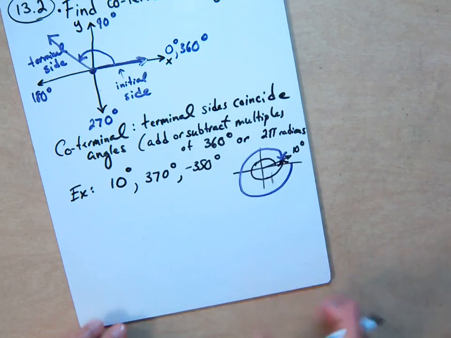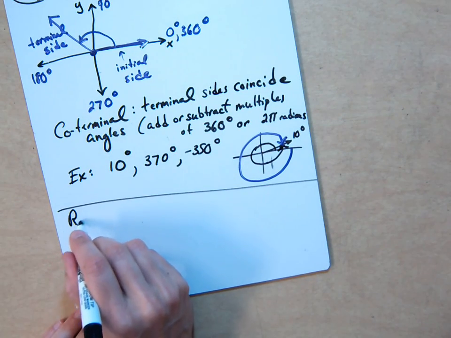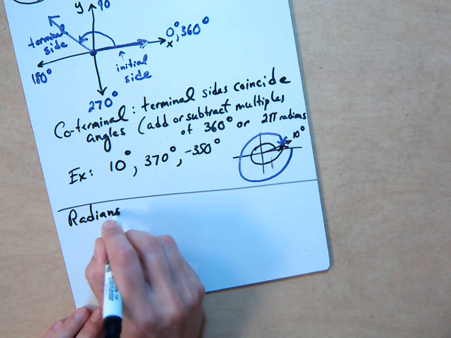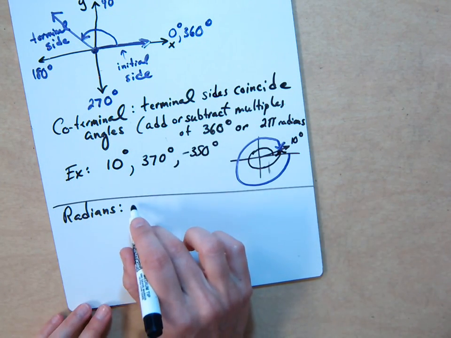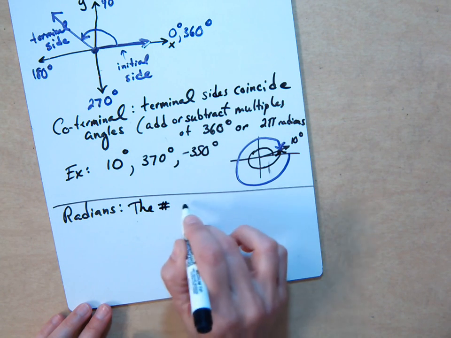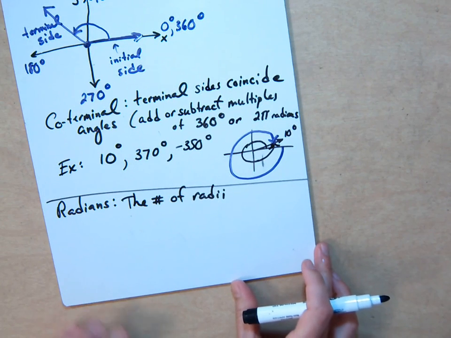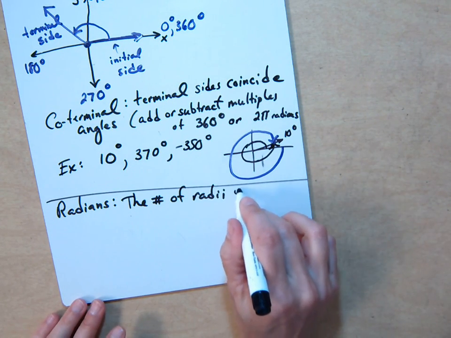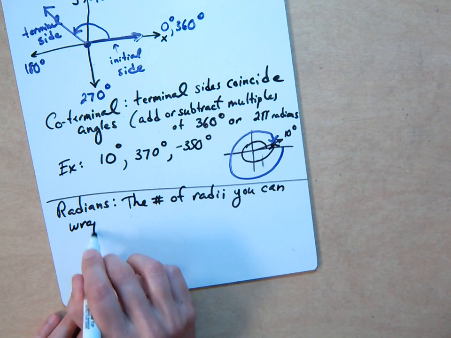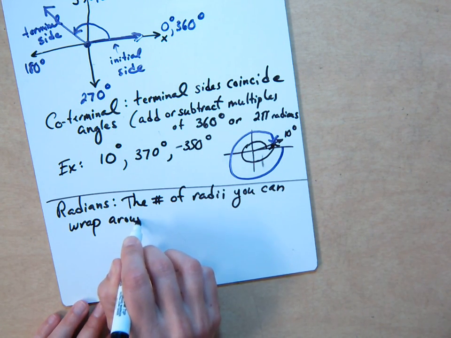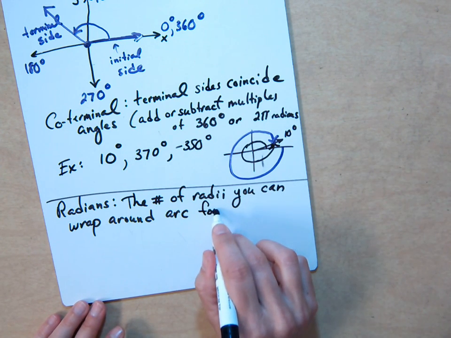The definition is literally in the new Common Core State Standards: when you say an angle is 2 pi radians, it means the number of radii, plural for radius, that you can wrap around the arc formed by the angle.